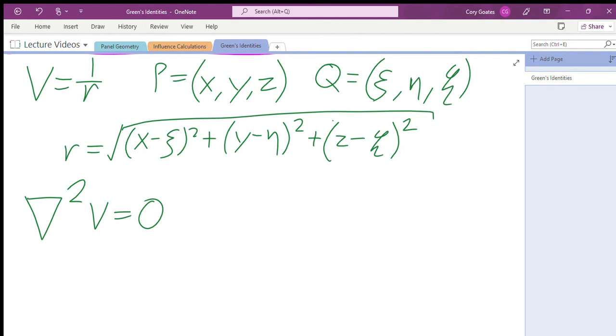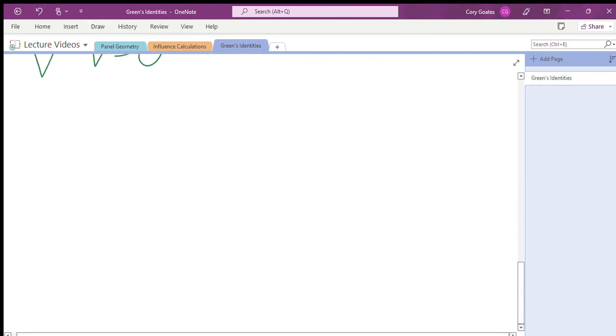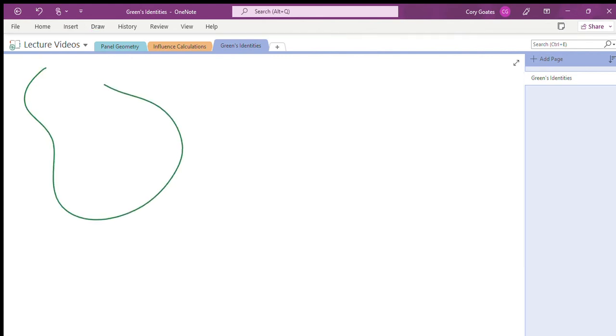So we need to exclude the point P from the region over which we have defined Green's second identity. So what are we going to do? Well, we've got our region R, we've got its boundary S, and we've got its normal vector pointing out of the region.